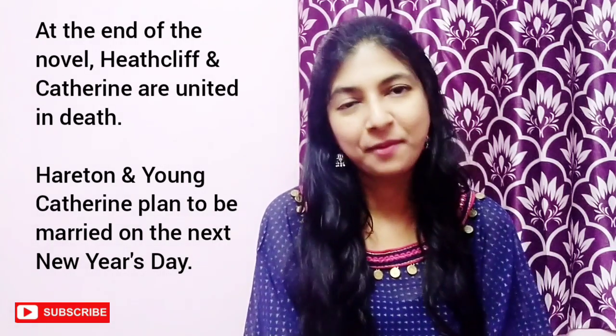After Heathcliff's death, young Katherine and Hareton inherit both Wuthering Heights and Thrushcross Grange, and they decide to get married on New Year's Day. After listening to the entire story, Lockwood goes to the graveyard to look at the graves of Katherine and Heathcliff, the immortal lovers. So that's how the story of Wuthering Heights comes to an end.